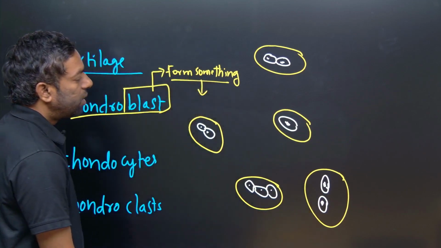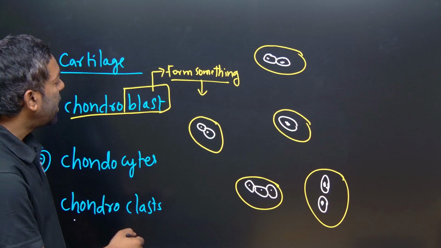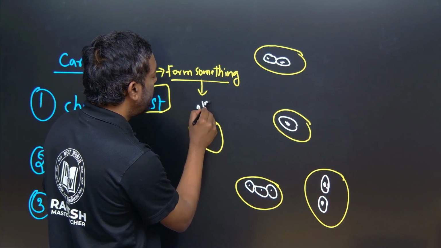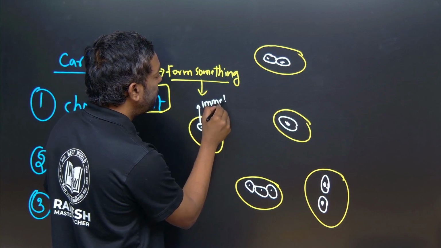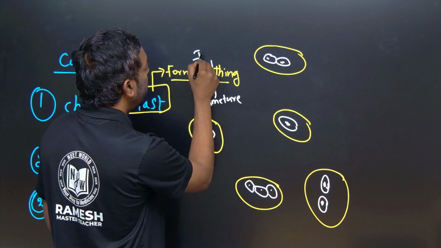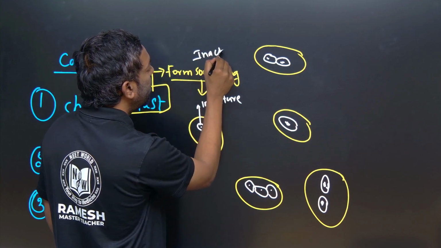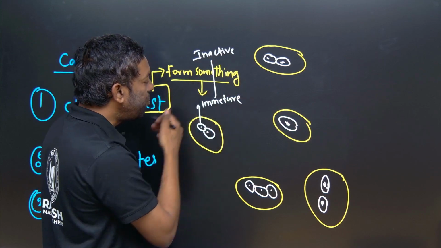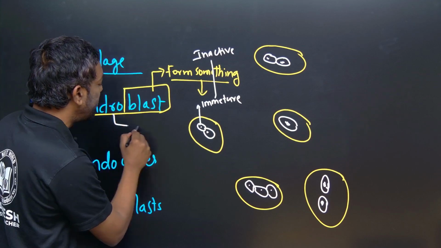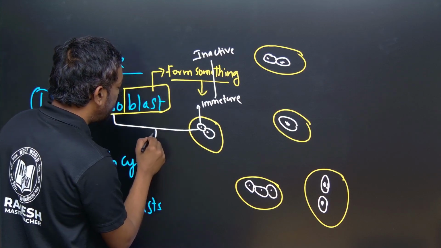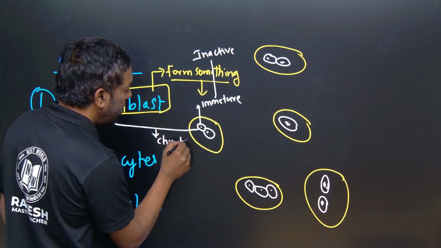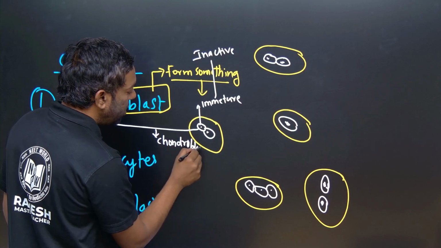This cell we can call an immature cell. Immature means inactive. This immature, inactive cell we call the chondroblast.